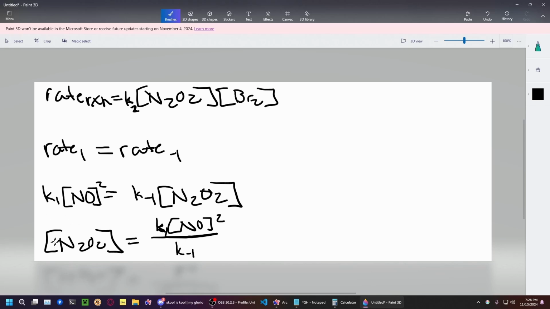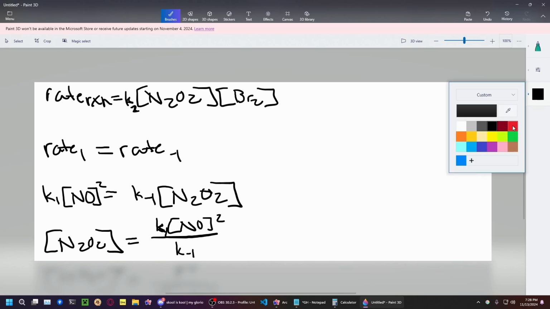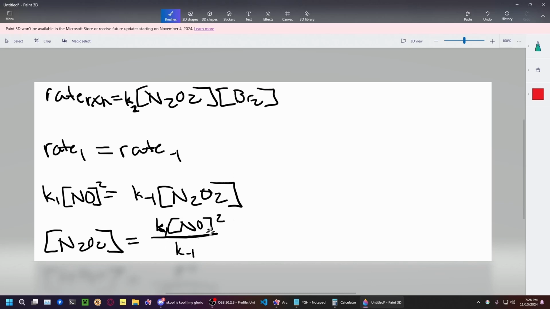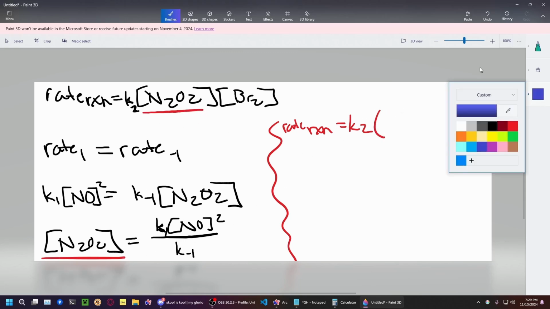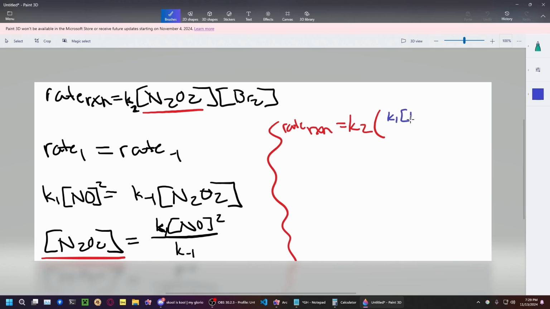And now that I know what my concentration of N2O2 is in terms of only constants and initial reactants, I can say my entire rate of my reaction is just K2 times, if I substitute this in for the concentration, these can just be considered like one big variable, K1 NO squared all over K inverse 1. And don't forget, I still have to bring my Br2.